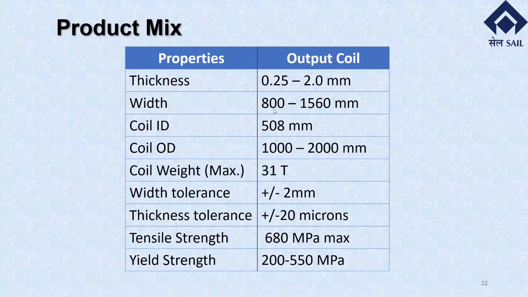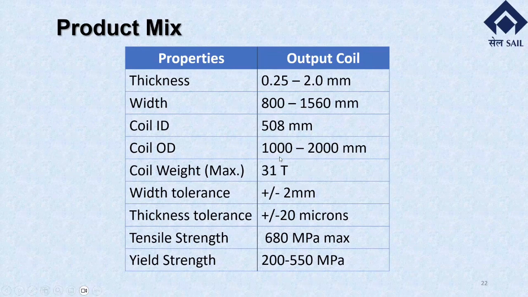For width, we have a capacity of 800 to 1560. The narrowest coil which we have produced is 826 for bitumen grade coils, and we have gone up to 1570. The coil ID is 508 mm.